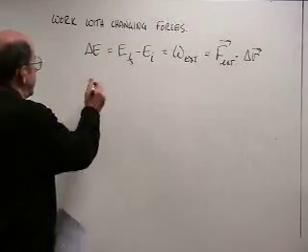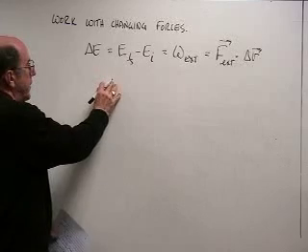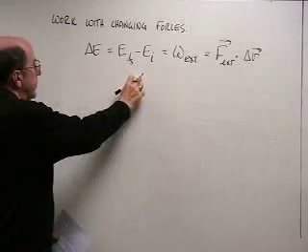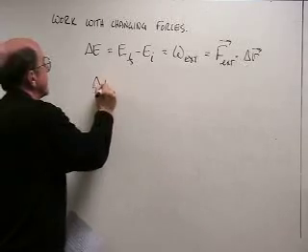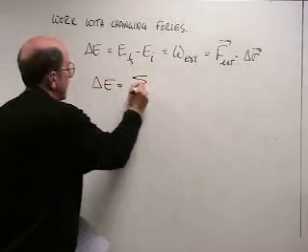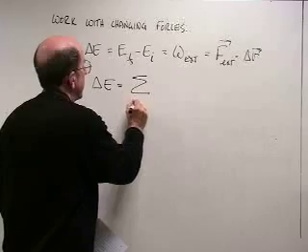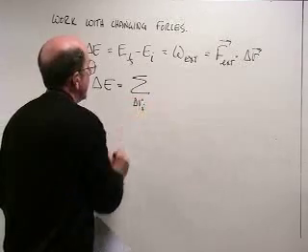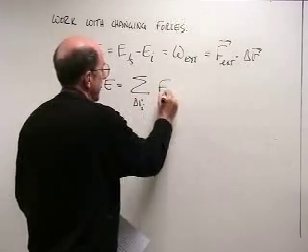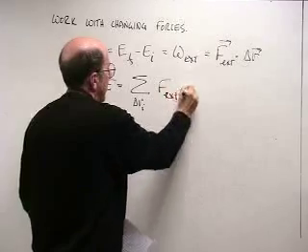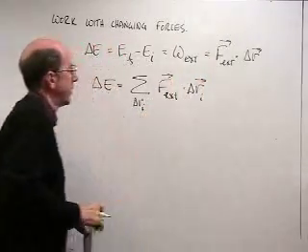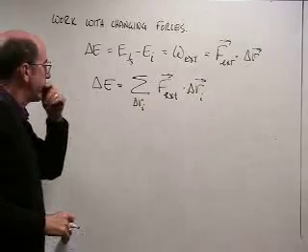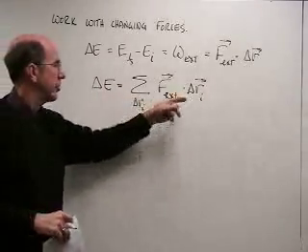So suppose we wanted to have a system change over some macroscopic distance, we would have to say that delta E is equal to the sum over all the small steps delta R sub I of F external dot delta R sub I, realizing that this is a function of the position.